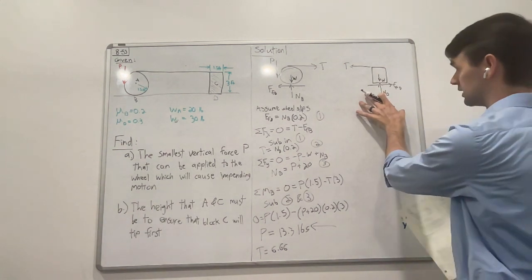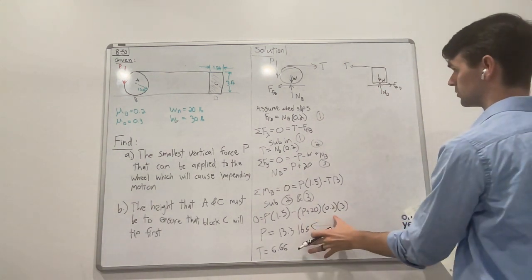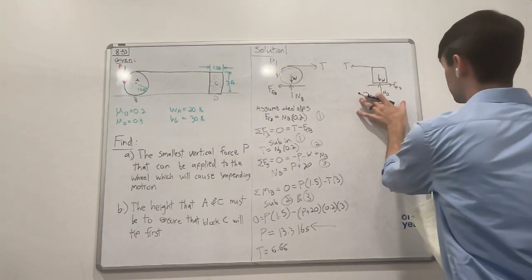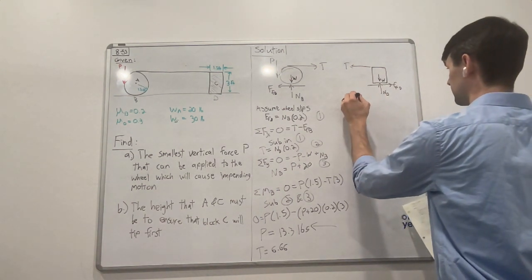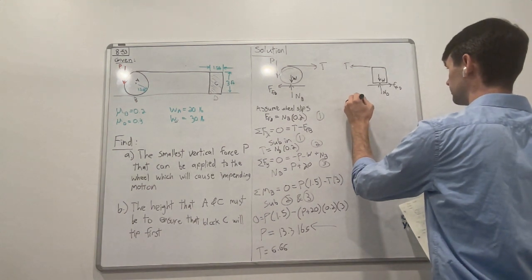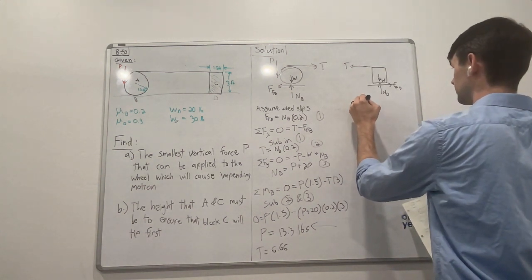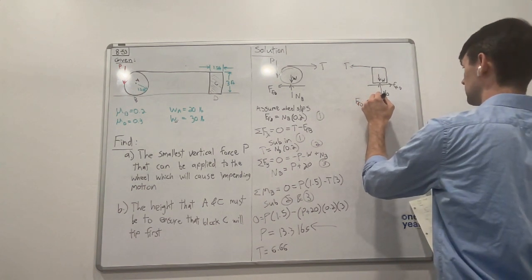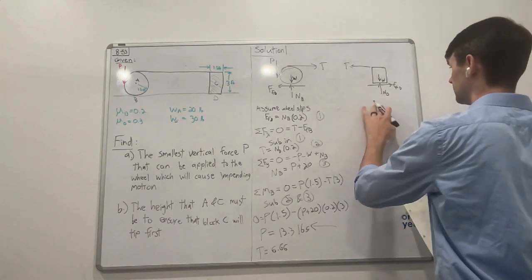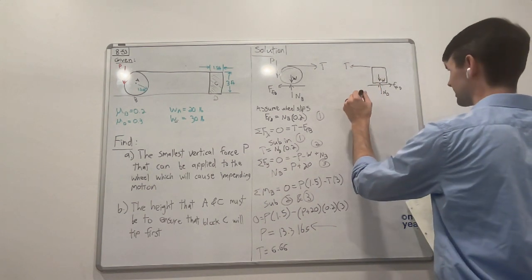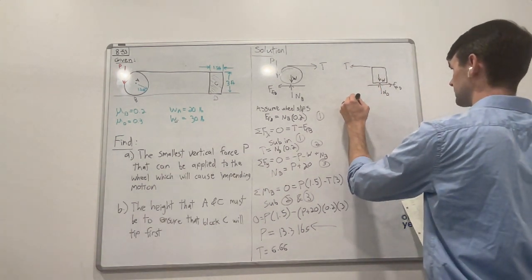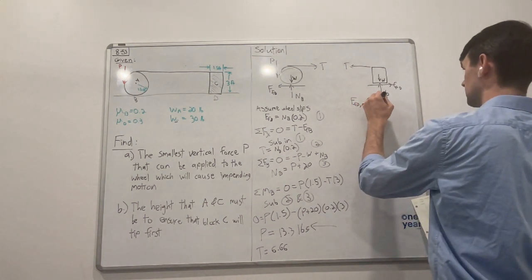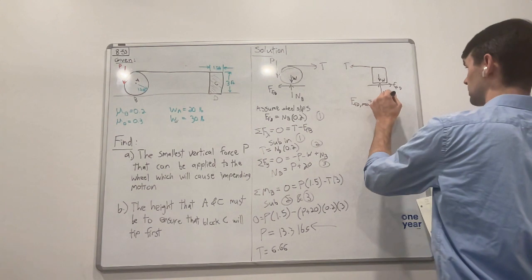So now what we need to do is check if these assumptions are right, meaning that the block should not slip first. The friction force at D max is just going to be ND times 0.3.